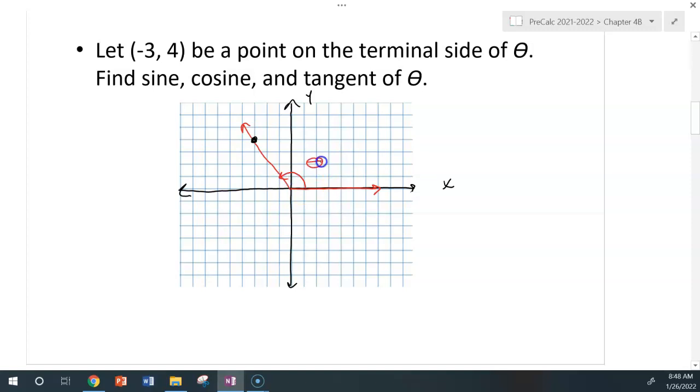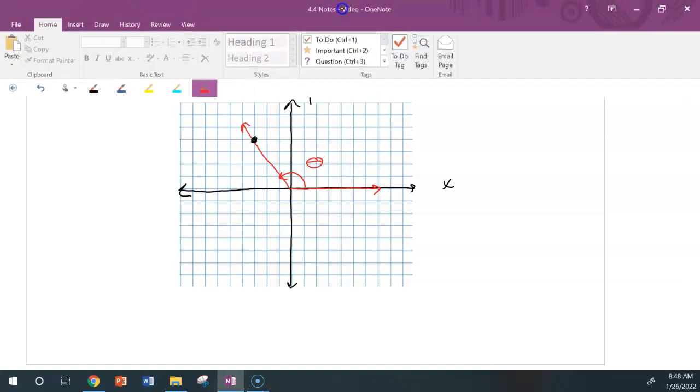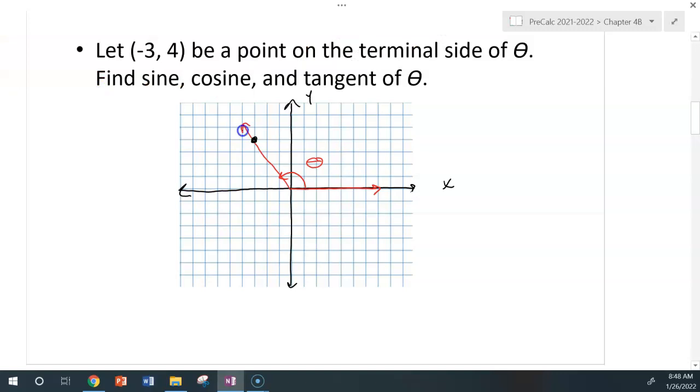Now we are asked to find the sine, the cosine, and the tangent. So think back to your right triangle trig. Right here we have a right triangle. This length here is -3 because my point is at (-3, 4). This length here is +4, and we're going to call the length of the hypotenuse r. When you're in the coordinate plane, you need to know all three sides.